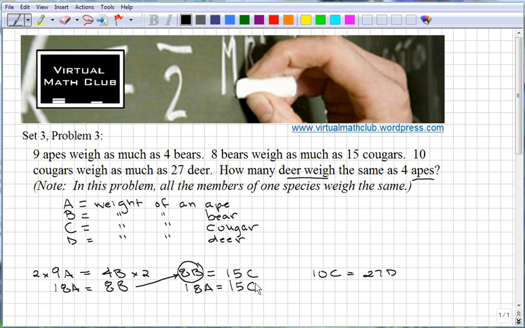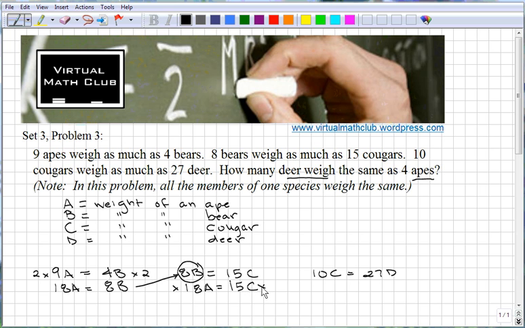Alright? Now over here we have 10 cougars. We would like to do another substitution and replace 10 cougars with apes, but we need to get this in terms of 10 cougars instead of 15 cougars. But that's not too bad, because if I take 15 times 2/3, I'd get 10, right? 1/3 of 15 is 5, and then if I multiply it times 2, I get 10.